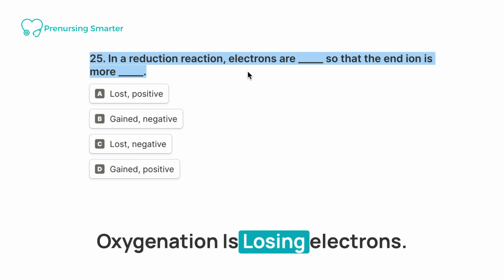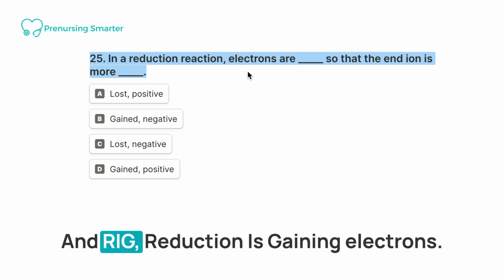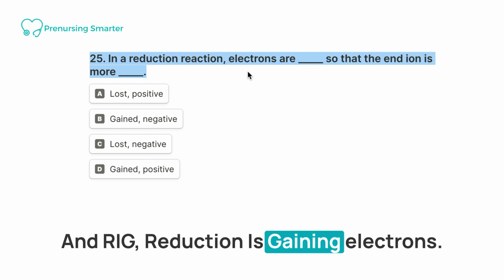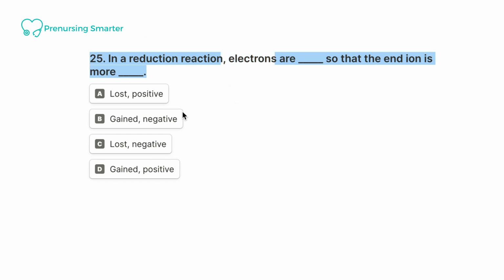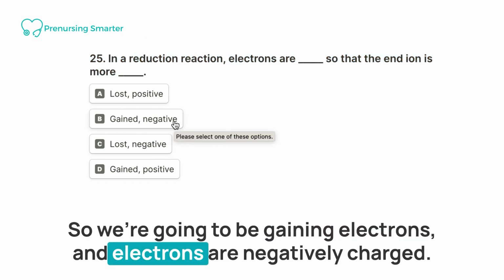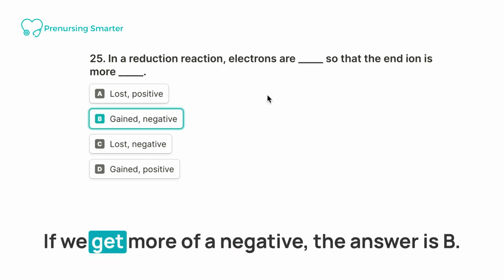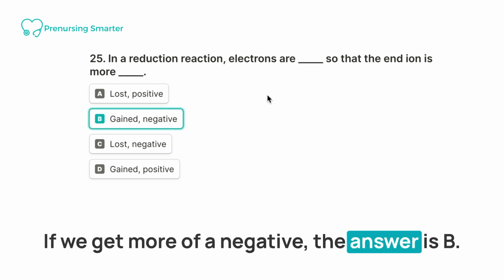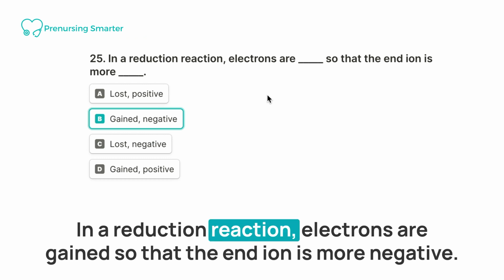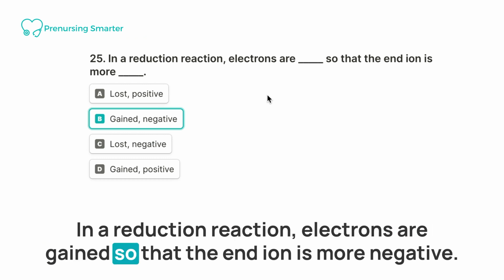Oxidation is losing electrons, and reduction is gaining electrons. So we're going to be gaining electrons, and electrons are negatively charged. If we get more of a negative, the answer is B. In a reduction reaction, electrons are gained so that the end ion is more negative.